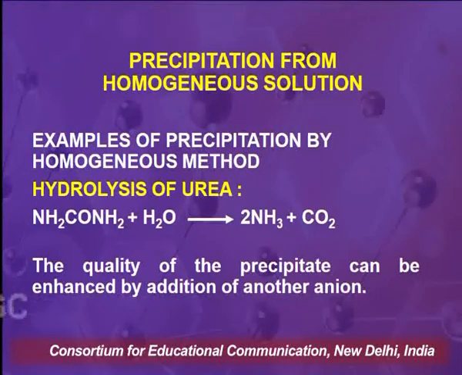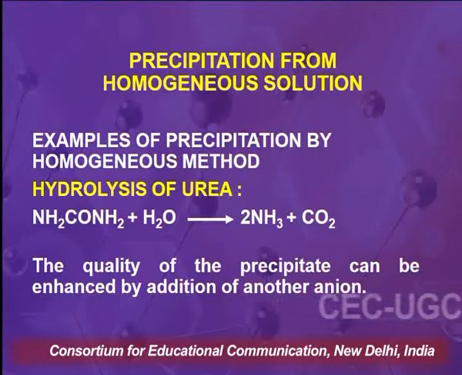The first example, as we can see, is the hydrolysis of urea. The reaction shows the hydrolysis of urea producing ammonia and carbon dioxide. The quality of the precipitate can be enhanced by the addition of another ion.